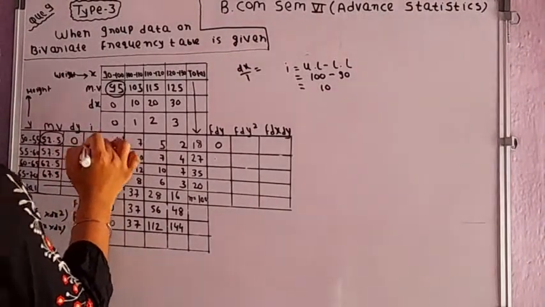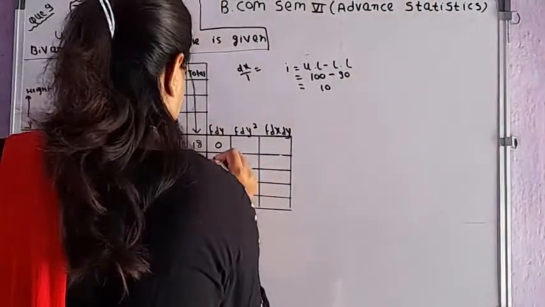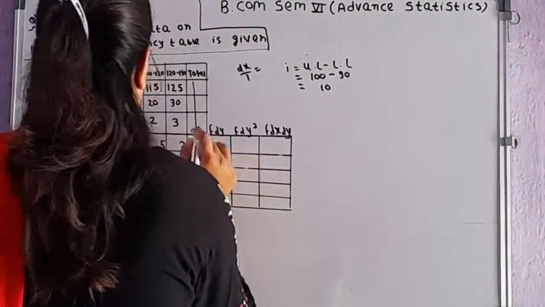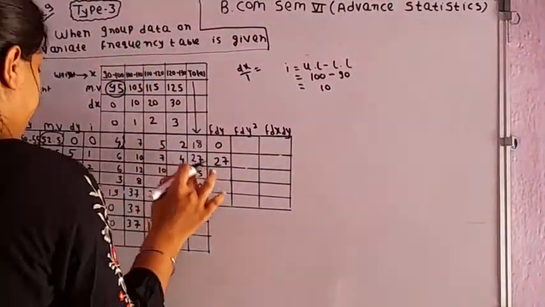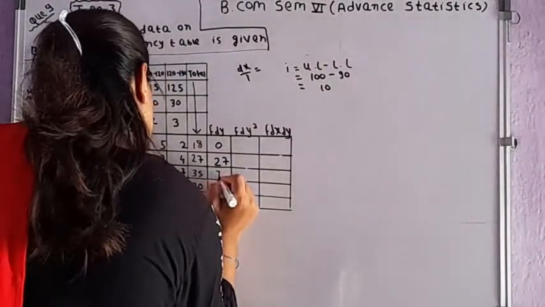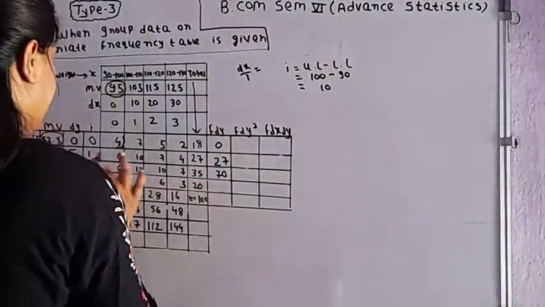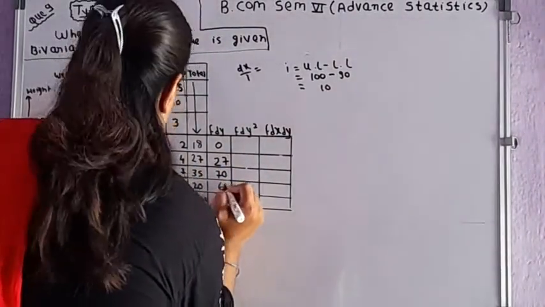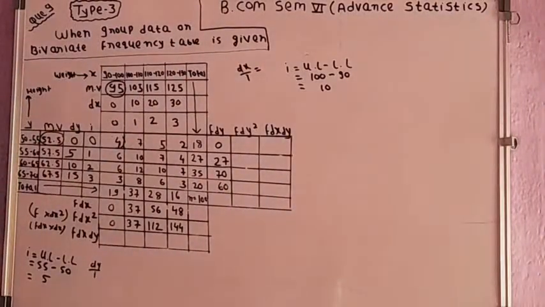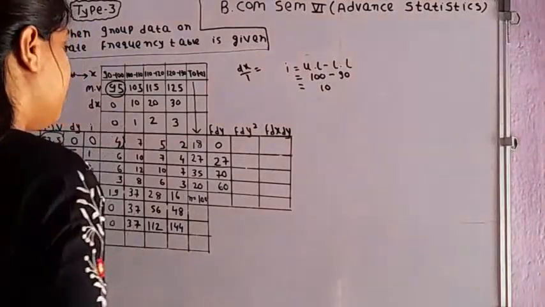After that 35 into 2, it will become 70. After that 20 into 3, it will become 60. So this way we have computed values to be put under the fdy column.